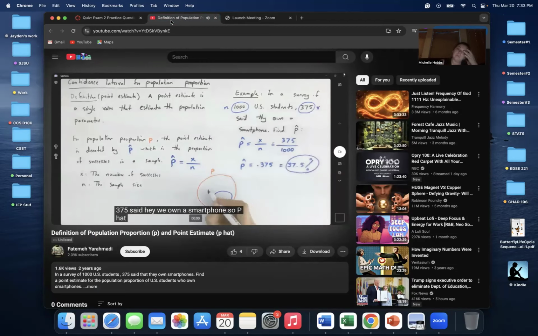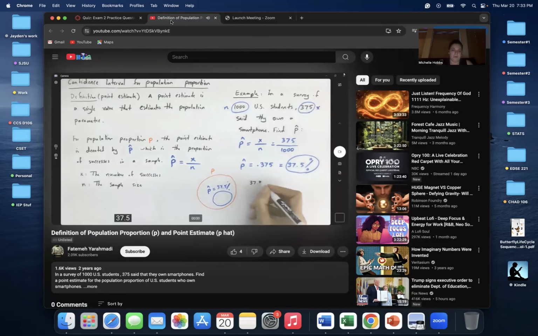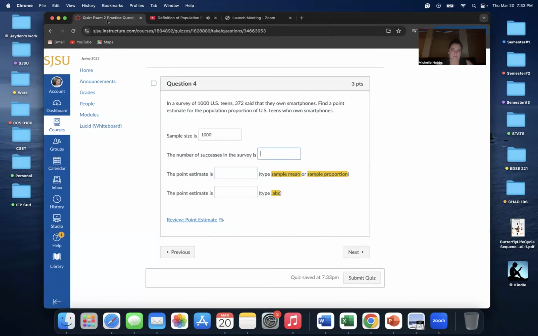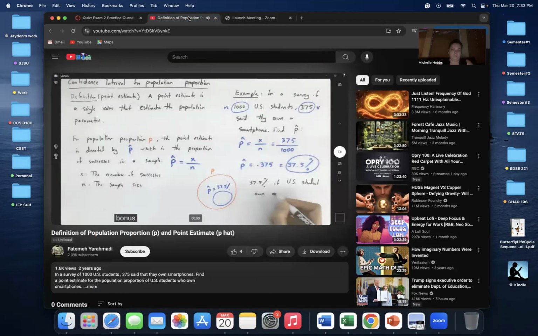So P hat is 37.5%. It means that 37.5% of US students own a smartphone.